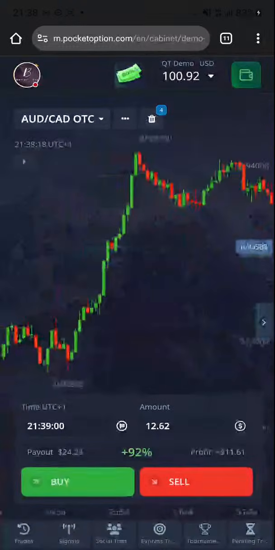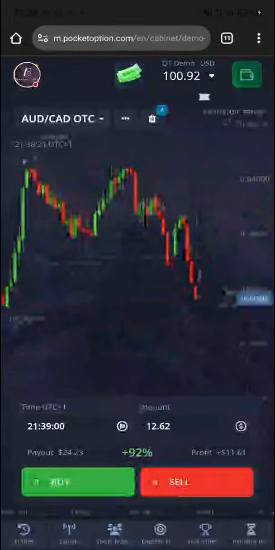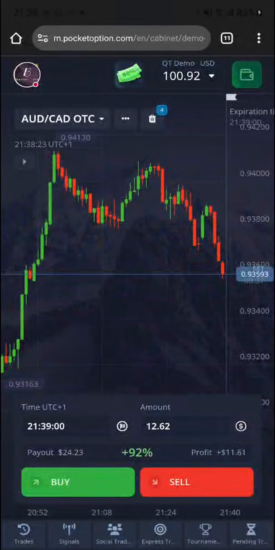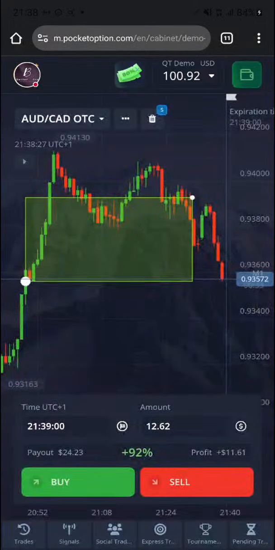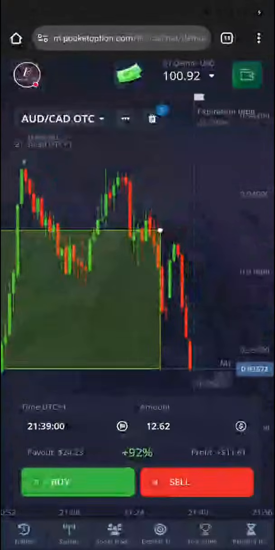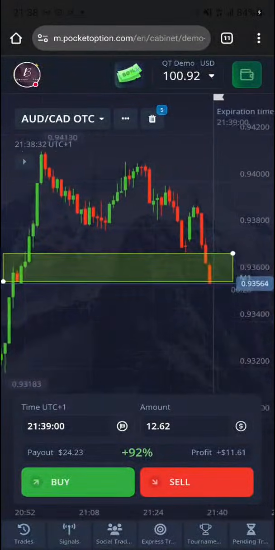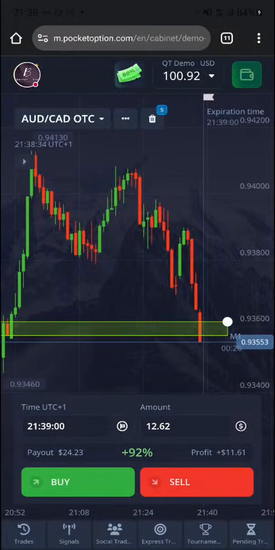Okay. If price breaks this, and they are probably going to break anyways. If price breaks this demand area down here, I'm going to go with the sellers.